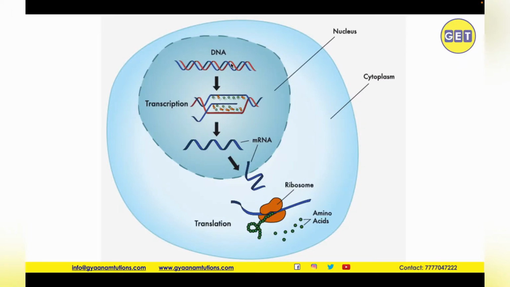Now this is the overall sequence that I have made over here. One is DNA being transcribed to form mRNA, that is messenger RNA. This procedure happens inside the nucleus. Then the mRNA travels to the cytoplasm, and inside the cytoplasm the mRNA helps us make the protein.